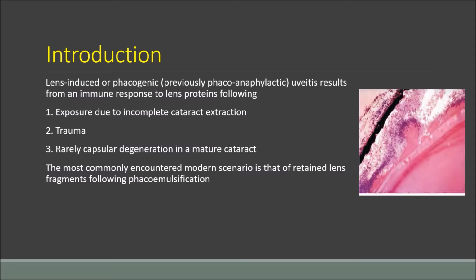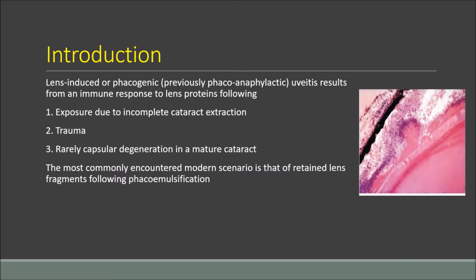Lens-induced or phacogenic uveitis, which was previously called phacoanaphylactic uveitis, results from an immune response to lens protein following exposure to incomplete cataract extraction, trauma, or rarely capsular degeneration in a mature cataract.